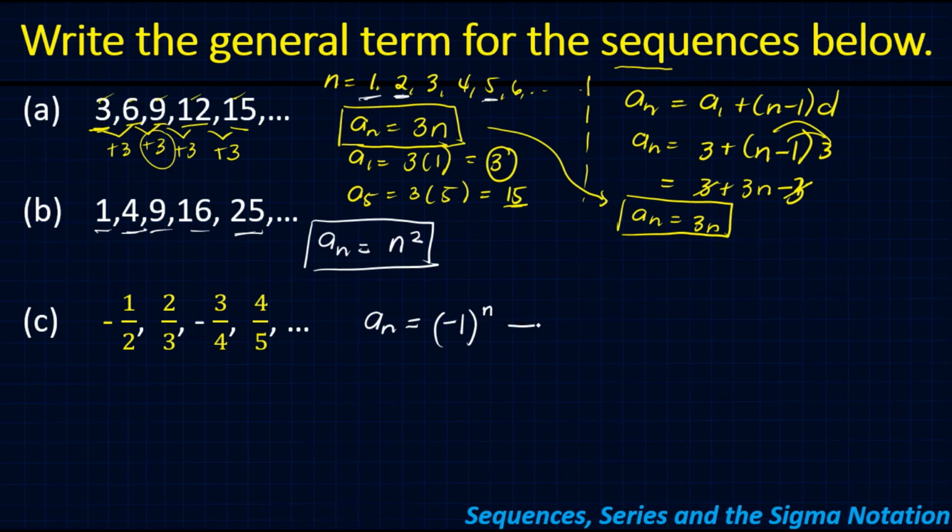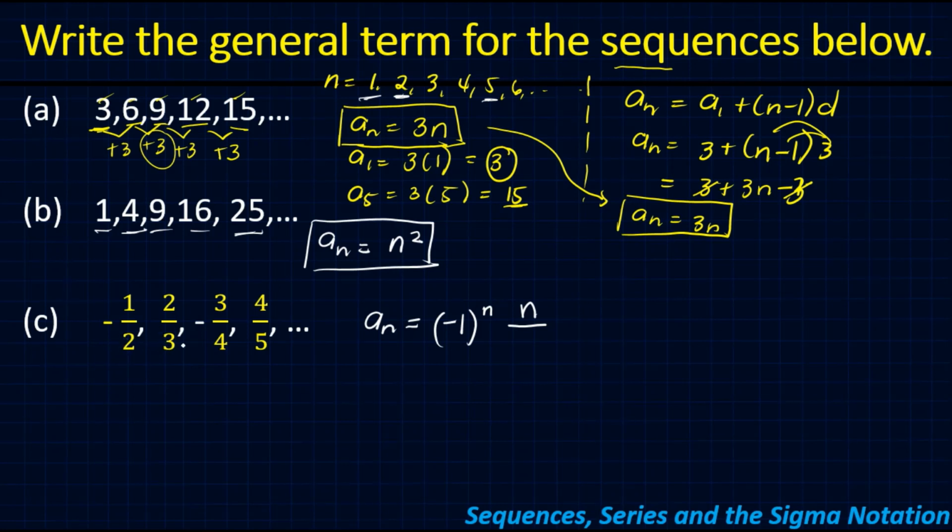Okay? So, next is the fraction form. What can you say about the numerators ng ating terms? Are they the same with the number of terms 1, 2, 3, 4, 5, 6, and so on? Yes. So, we would say na pwedeng nating ilagay sa numerator as n. Okay, next. What can you say about the denominators? Sila ay magkakasunod at nag-umpisa sa 2.